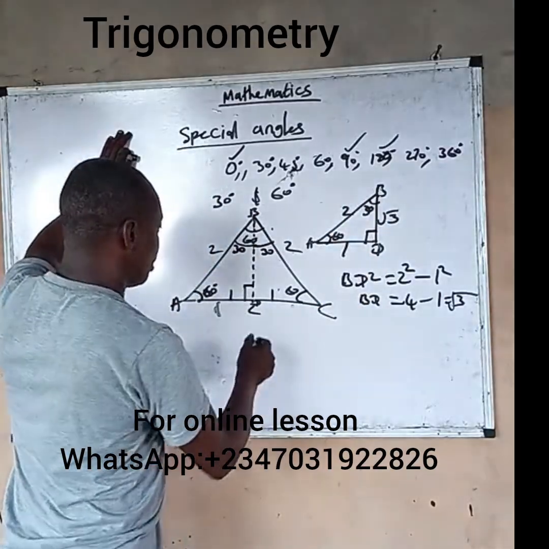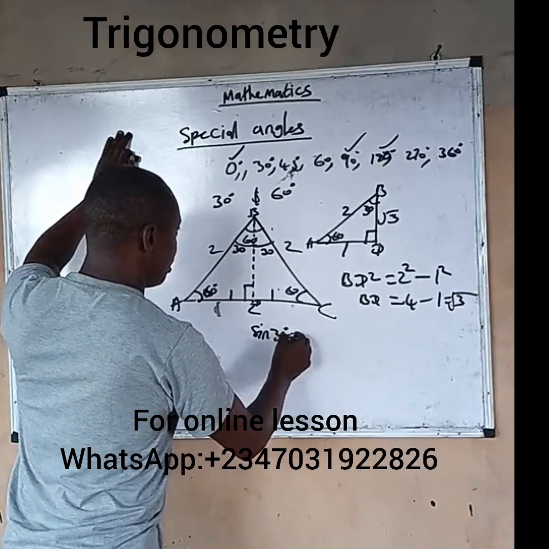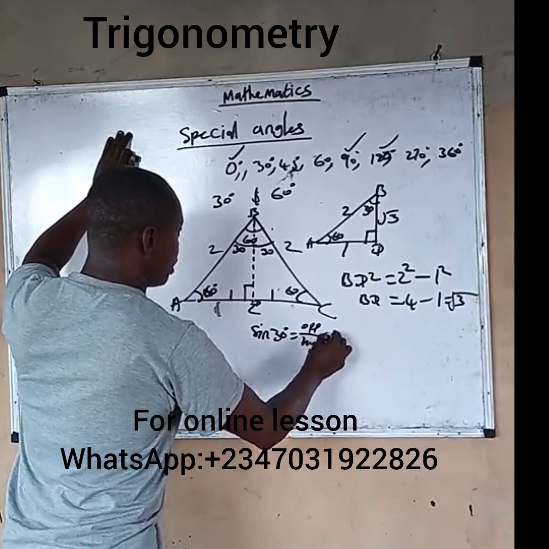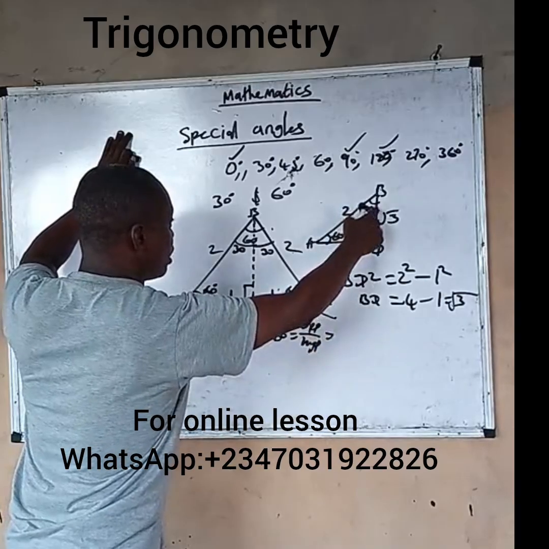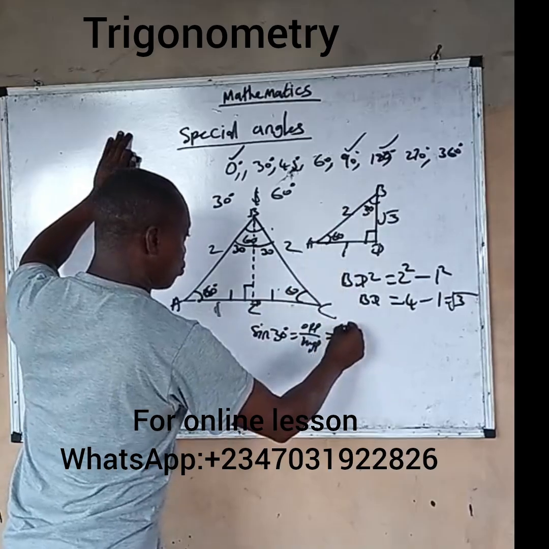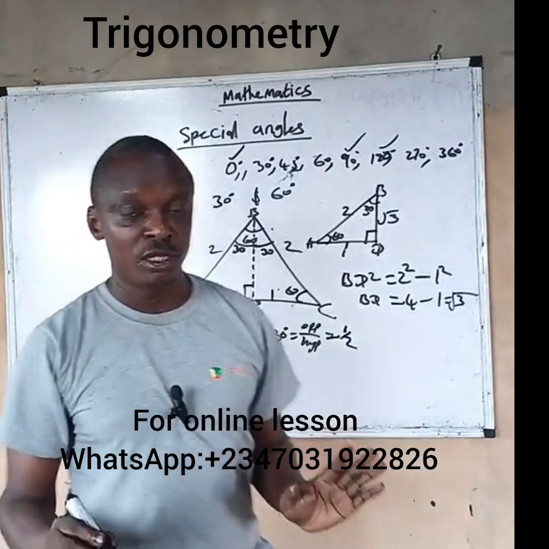All right, so let's go to 30 first. Sine 30 degree, remember it is opposite over hypotenuse. For the 30, the opposite is here and the hypotenuse is here, which is 1 over 2. So sine 30 degree is 1 over 2. That is the special angle for sine 30 degree.